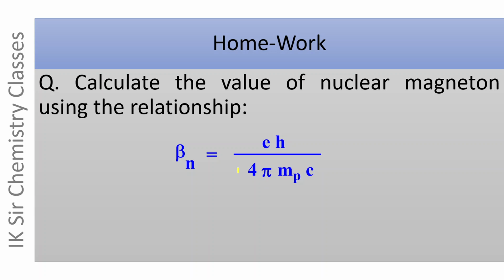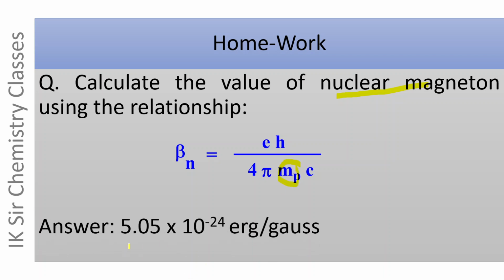On similar pattern, the value of nuclear magneton, that is beta n, can be calculated by putting the mass of proton here. The answer of this solution will be 5.05 into 10 to the power minus 24 erg per Gauss. Please try to solve this problem. Its solution will also be given in the next video.